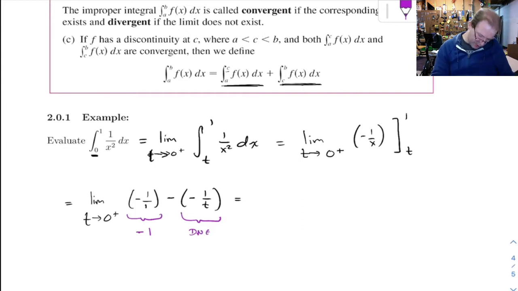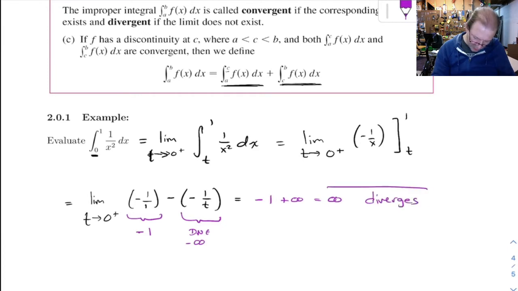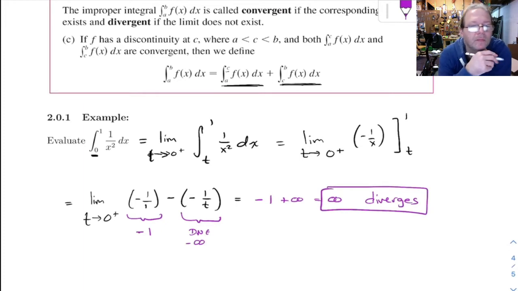If we wanted to be technical about it, we would say it diverges to infinity. Essentially what we've got here is negative 1 plus infinity, so this is an infinite area. Therefore we'd say this integral diverges to infinity.